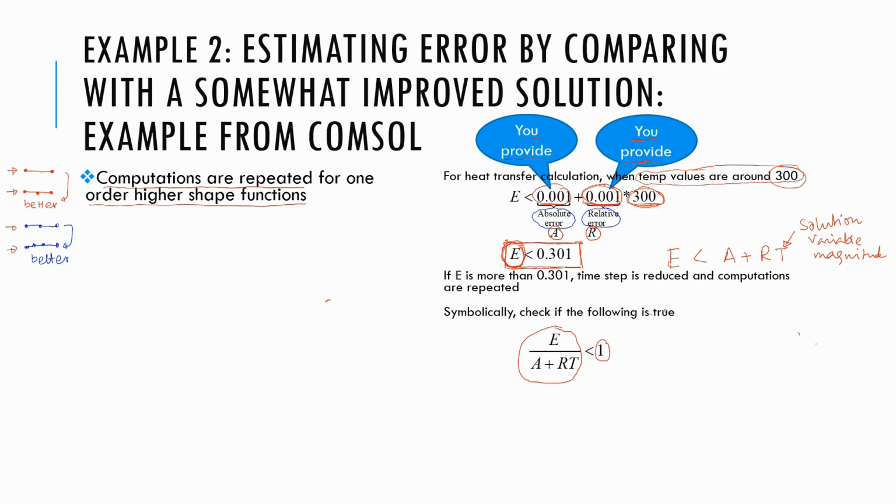So back to the numbers that we had plugged in. In this example, we are saying E should be less than 0.301. After you do the calculation, if E is more than 0.301, then you reduce the time step and repeat the computations. When you reduce the time step, it's going to make less error. And so we would repeat the time step, and hopefully next time it'll go below that. Otherwise, we keep repeating.